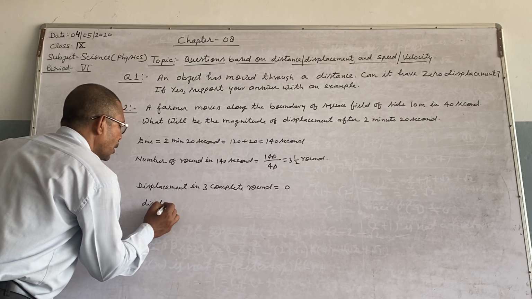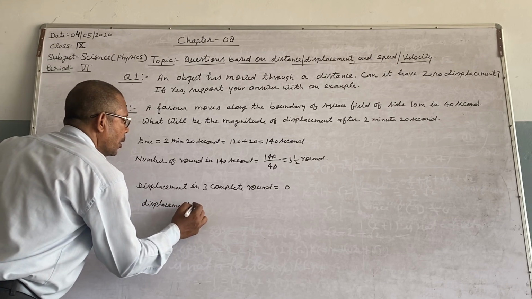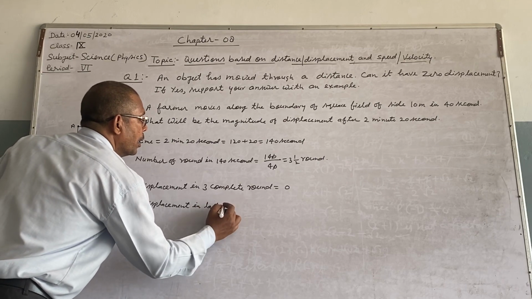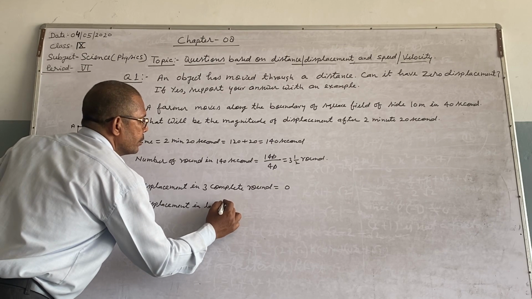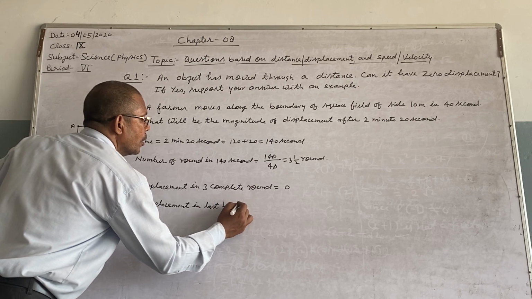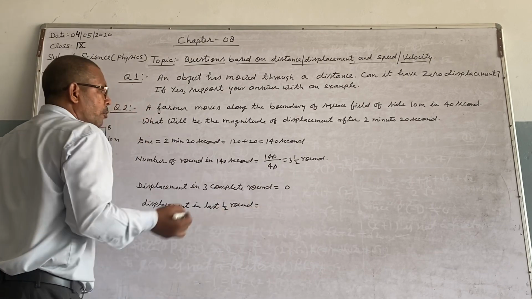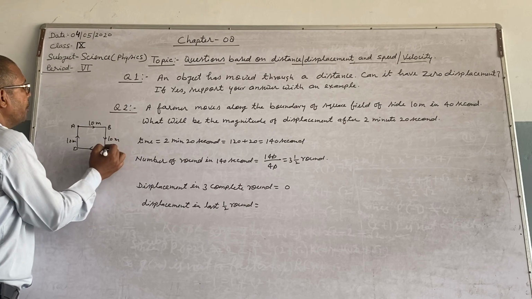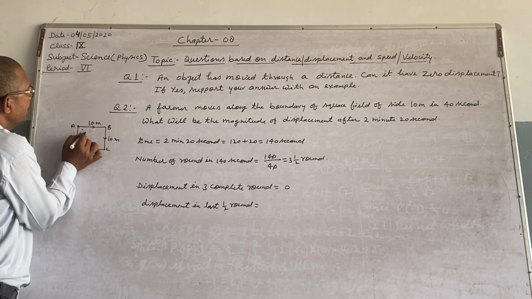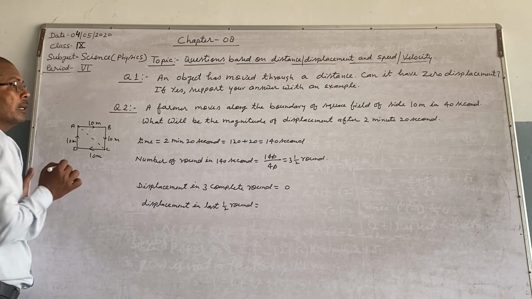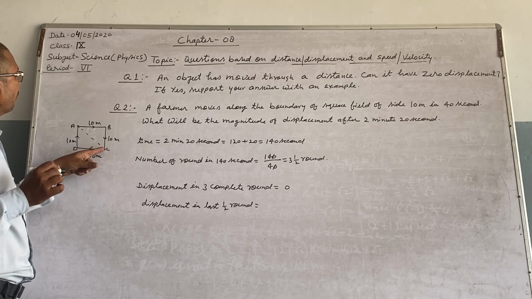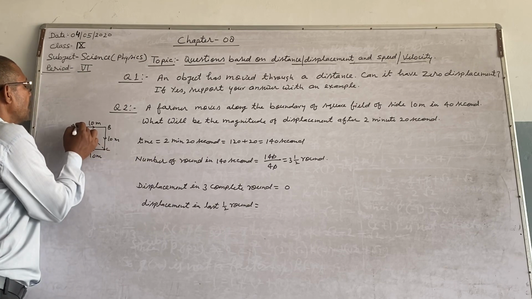Displacement in the last half round equal to AB and BC, that is the shortest length between the final position and initial position.